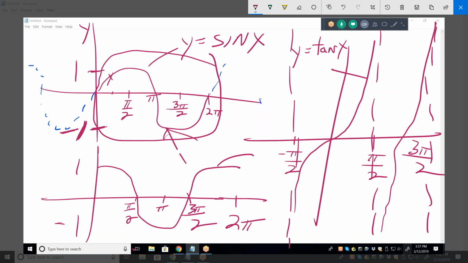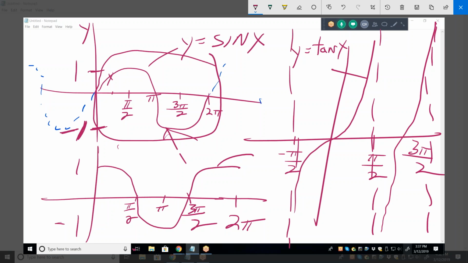So the tangent is a lot different than the sine and the cosine, even though the tangent's equal to the sine divided by the cosine. And you can kind of see why there would be an asymptote at pi over 2, right?